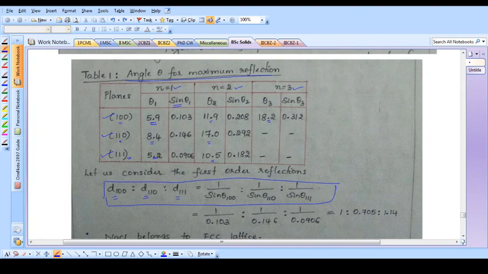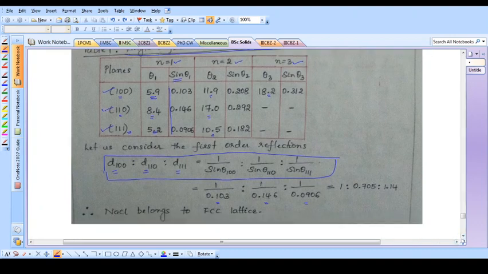As we already know the values of sine theta, say for example if we consider the first order reflection, so 1 by sine theta is 0.103 is to 1 by 0.146 is to 1 by 0.0906. If you work this out, this ratio is 1 is to 0.705 is to 1.14.